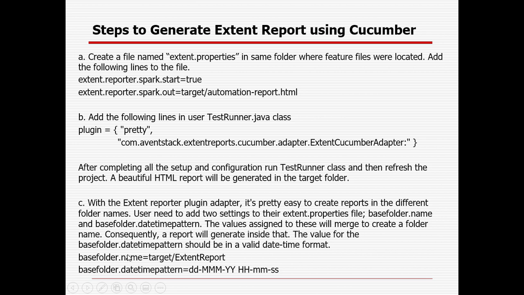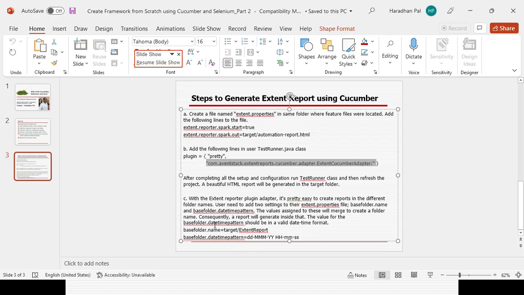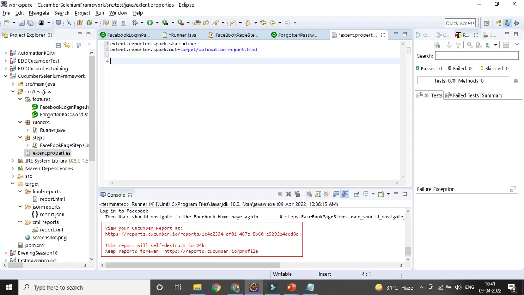So base folder name is target slash extent report, and then base folder date time pattern. You can see it will generate with date format, time format, minute and second, so that every time it will generate a unique report. These are the two lines of code I will also be adding in the extent.properties file, so that it automatically generates a unique report instead of overriding the others.